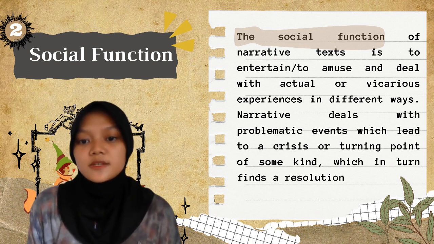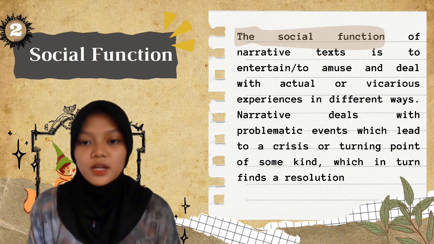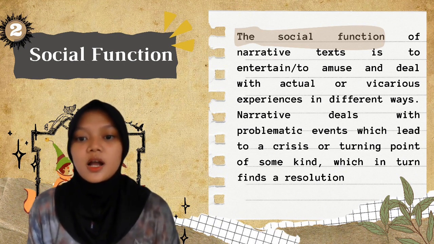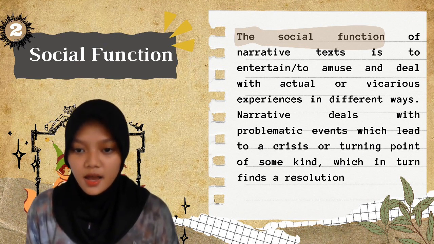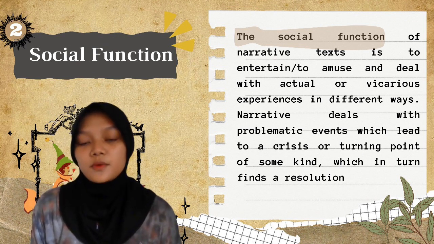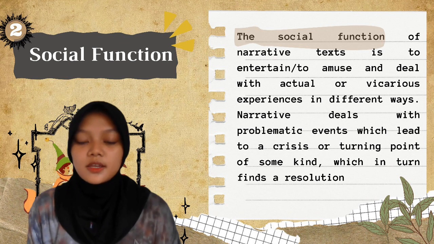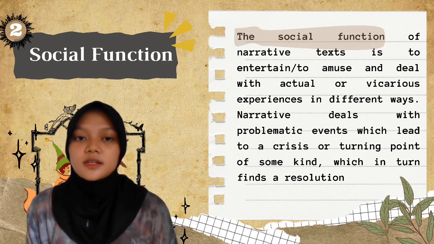Through this process, the story finds a resolution and provides closure for both the characters and the reader. Essentially, narrative texts are an important way for people to connect with each other and understand different perspectives on life's challenges and problems.